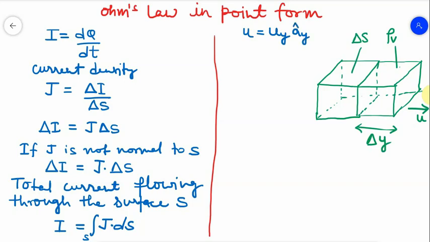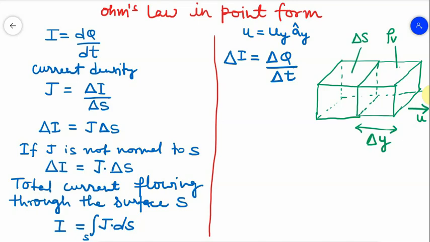So in this case what will be del I? Del I equals del q upon del t, charge per unit time.